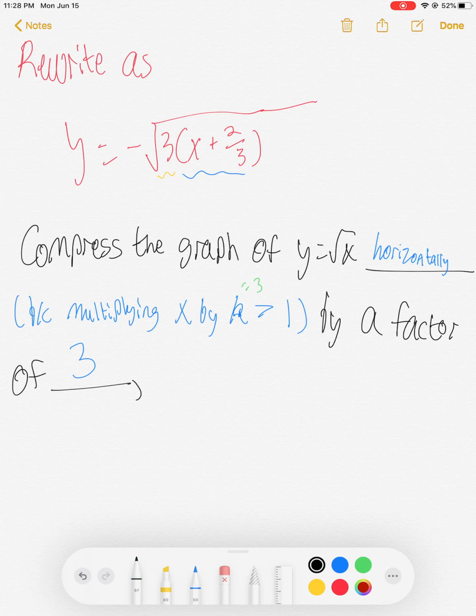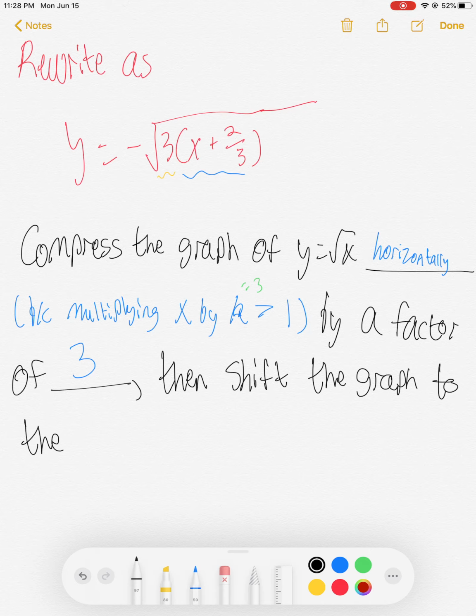That tells us that we're going to be compressing it horizontally because they're messing with the x here. By a factor of, you guessed it, since this coefficient is a 3, we are compressing it horizontally by a factor of 3. Okay, so that just goes back to the same point.